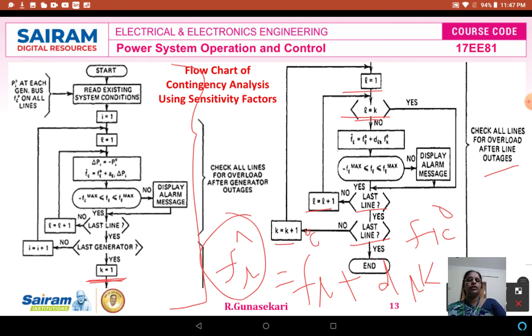FL naught is the line flow before the outage of the line L, and DLK is the line outage distribution factor. You can calculate it with the formula. Then FK naught is the line flow before the outage of the line K only.